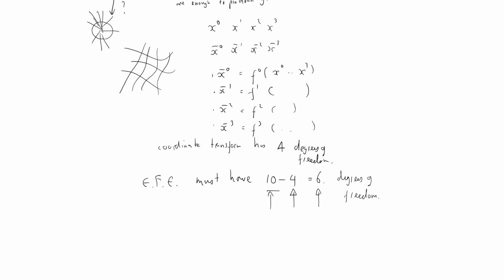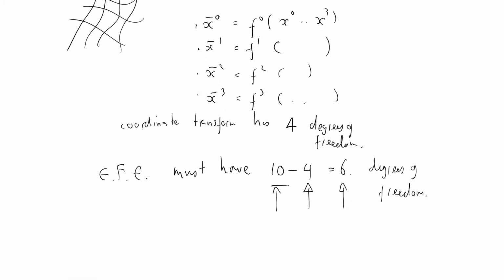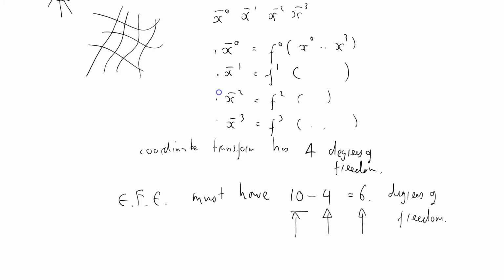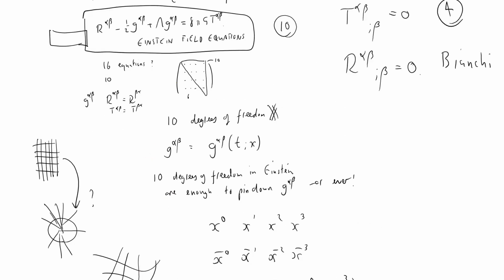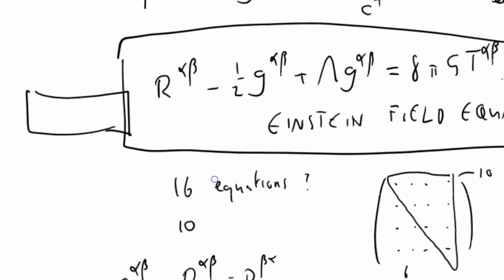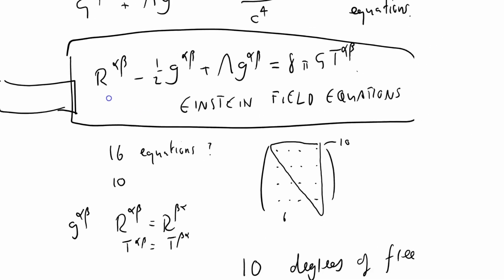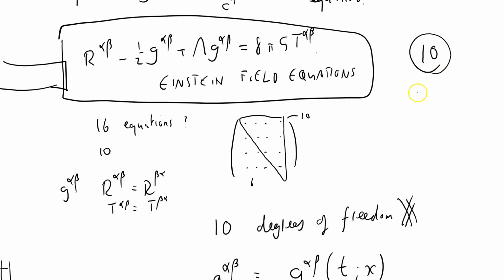They can't have more than 6 degrees of freedom because you need coordinate independence. It's a tricky and subtle issue. There are ways to sort it out, there are ways to think about it. The way I prefer to think about it is that the Einstein field equations are 10 equations on the pair, the metric tensor G alpha beta and the stress energy tensor.